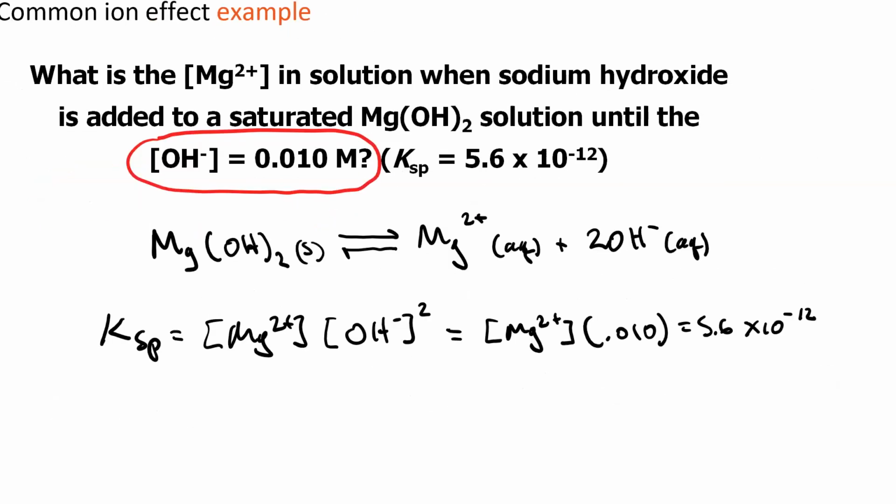So if we want to solve for the magnesium ion concentration, we'll divide both sides by the hydroxide concentration squared. KSP over concentration of hydroxide squared equals the concentration of Mg2+.